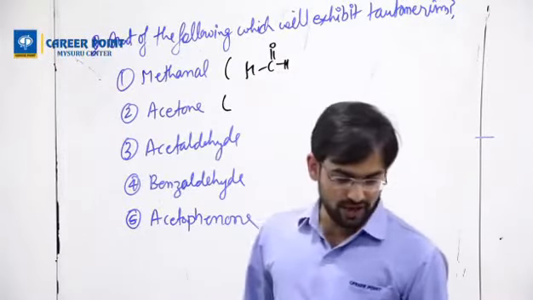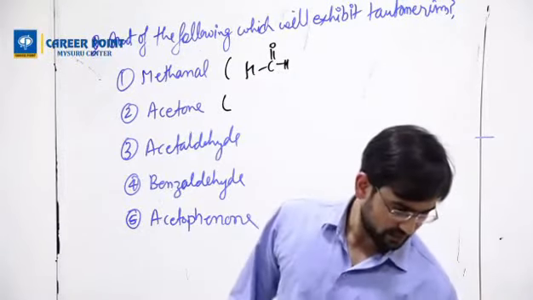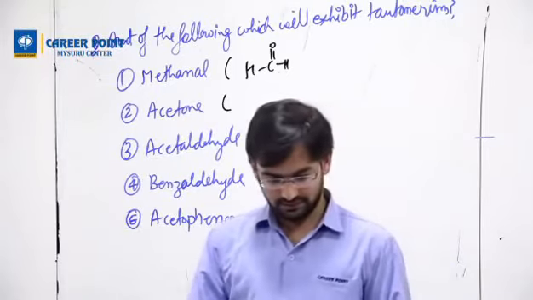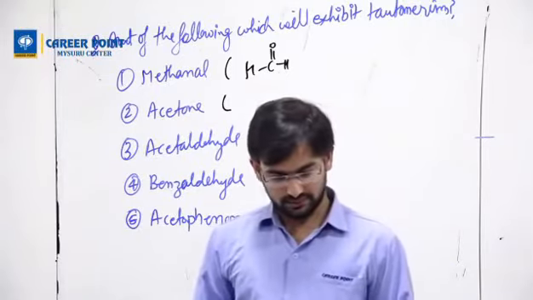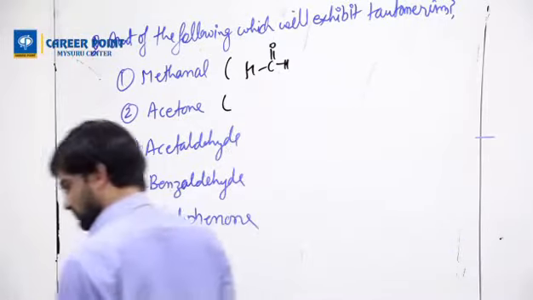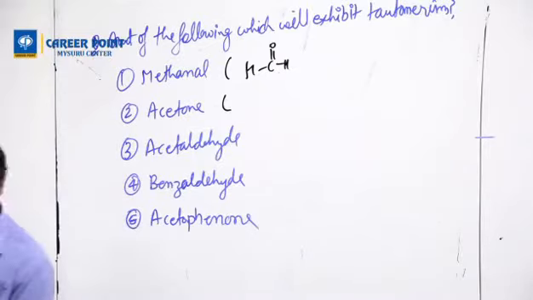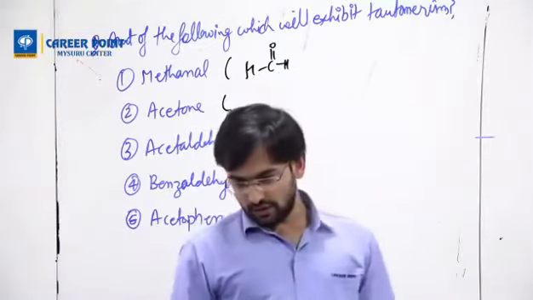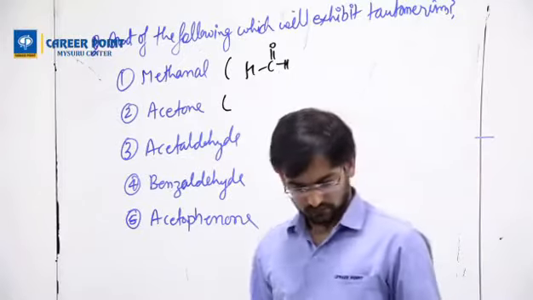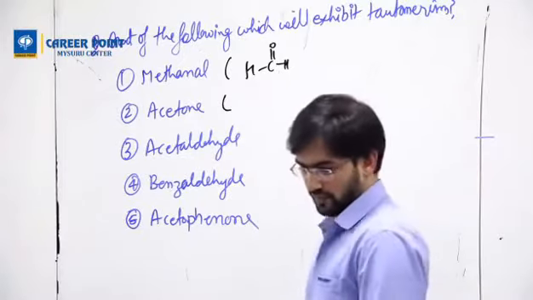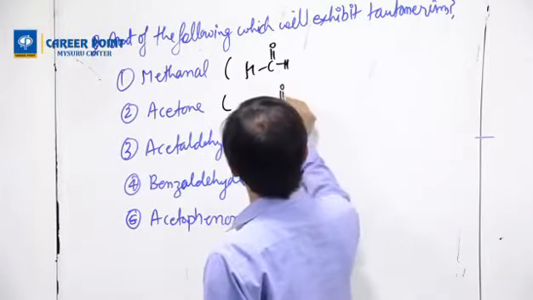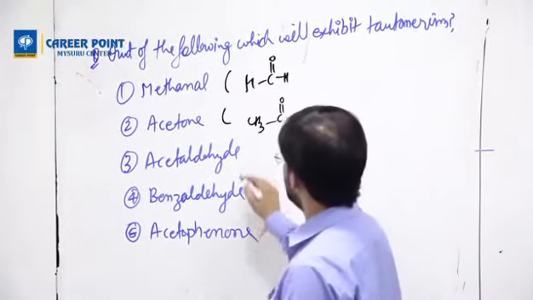Remaining people, what about you? You are not solving. Okay, so acetone is CH3, C double bond O, CH3.